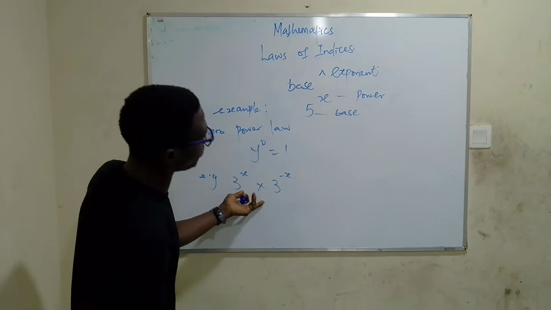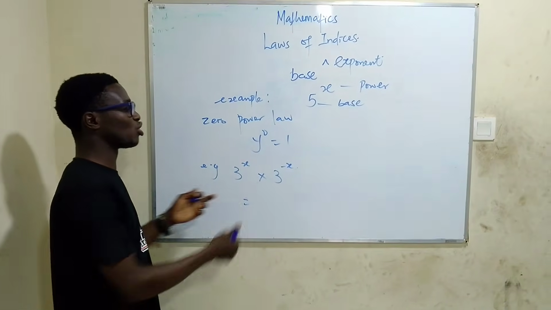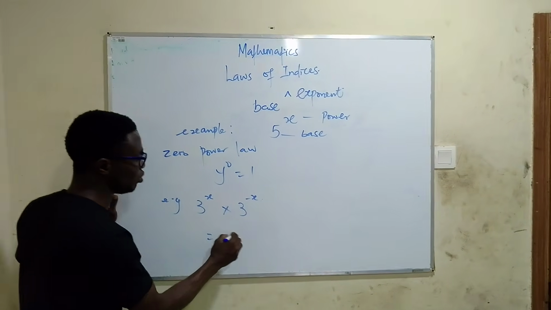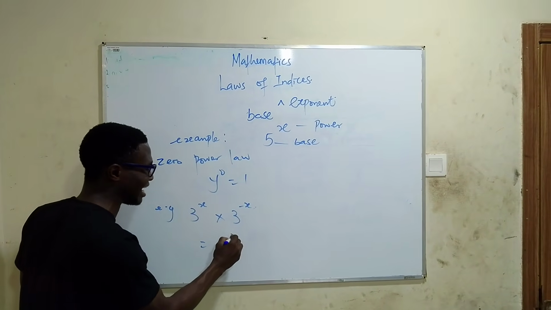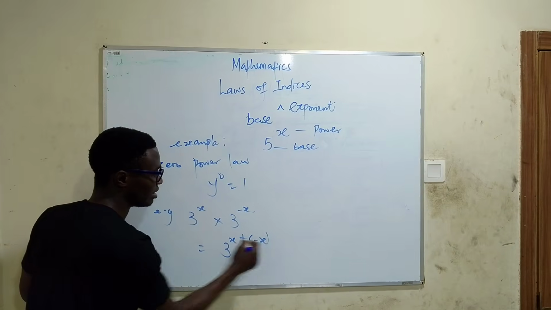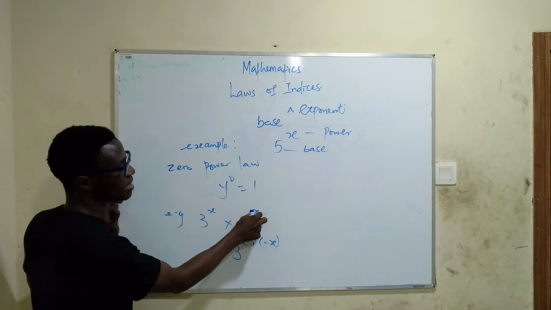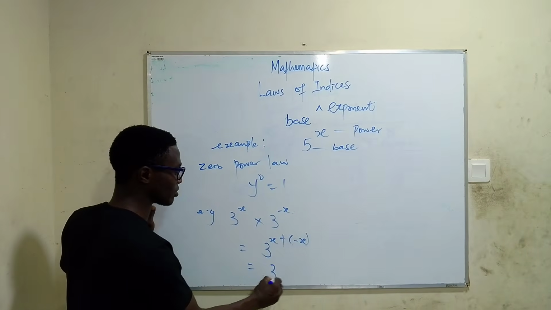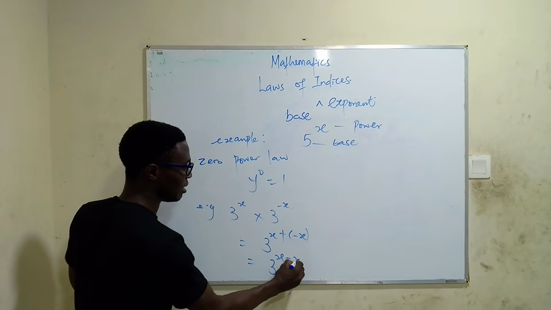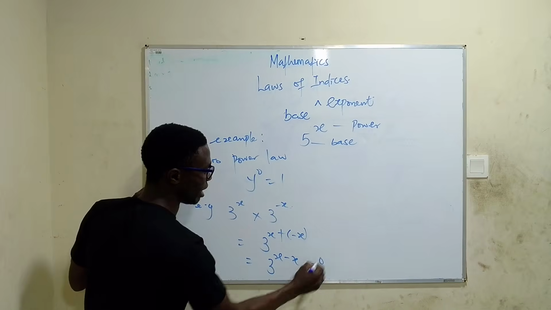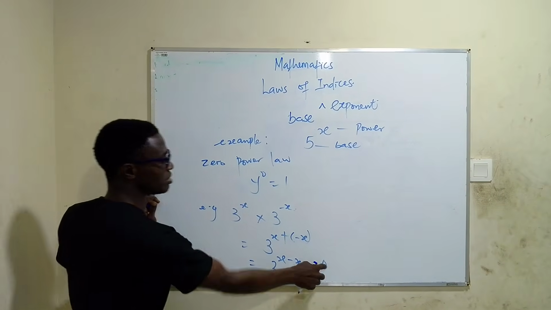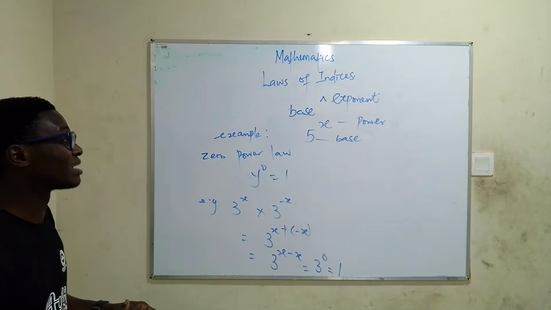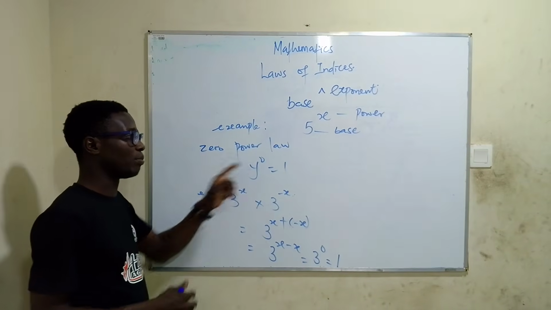This is a multiplication operation between these indices, so we only take one base and add the powers. I'm putting this in brackets because it has a negative power. Plus times minus gives minus. So 3 raised to power x minus x is 3 to the power of 0, and x minus x is 0. Anything to the power of 0 is 1. So that establishes the zero power law.